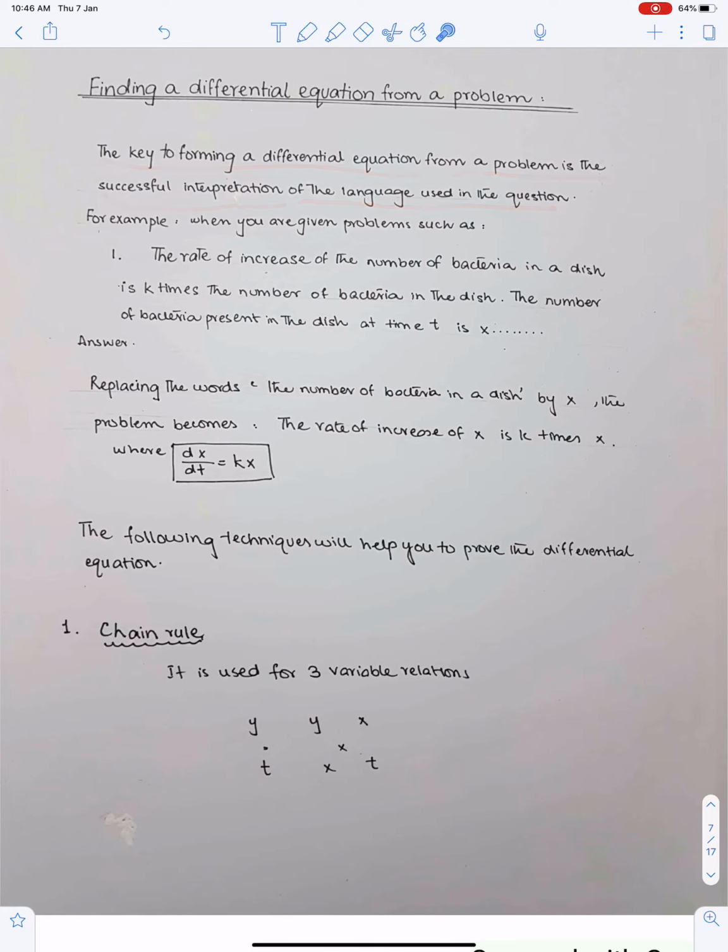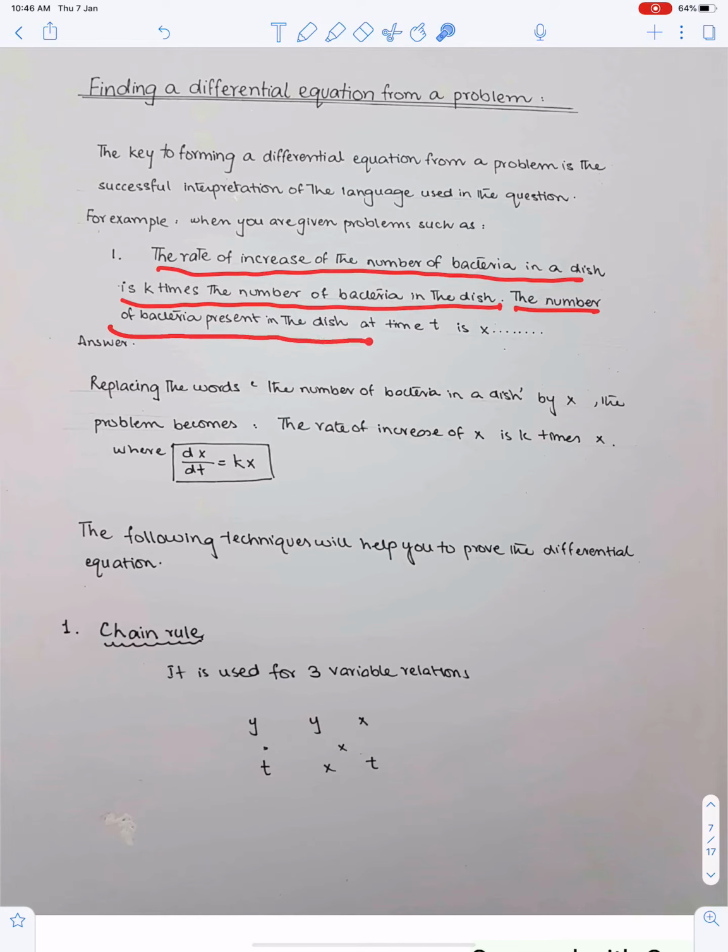For example, when you are given problems such as: The rate of increase of the number of bacteria in a dish is k times the number of bacteria in the dish. The number of bacteria present in the dish at time t is x. Answer.